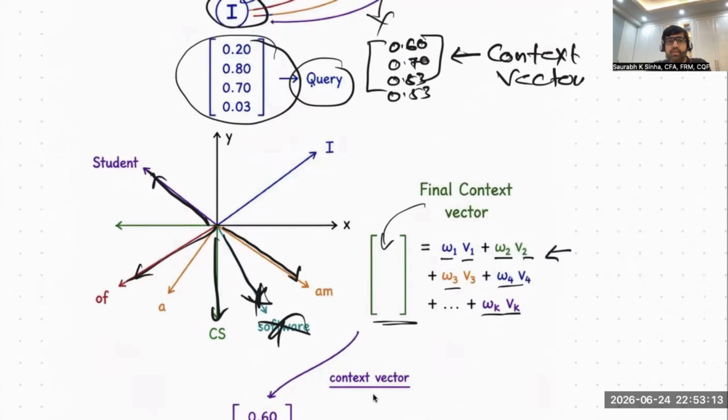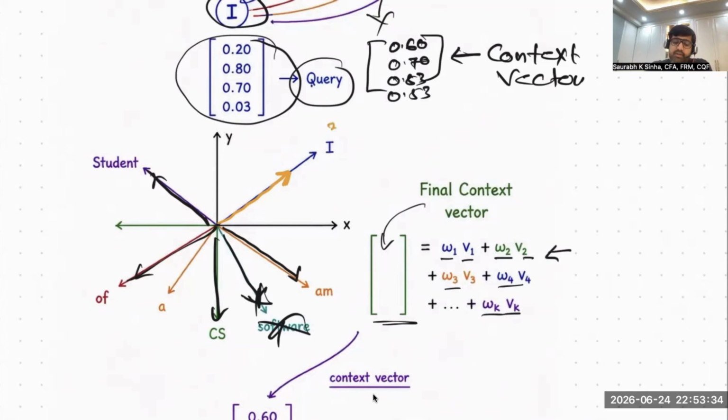Now what are you doing? When you're multiplying I with I, it is giving you a weight. Say that weight is 0.60. If you multiply 0.60 with the I vector, then the length of this vector gets shortened by that weight.